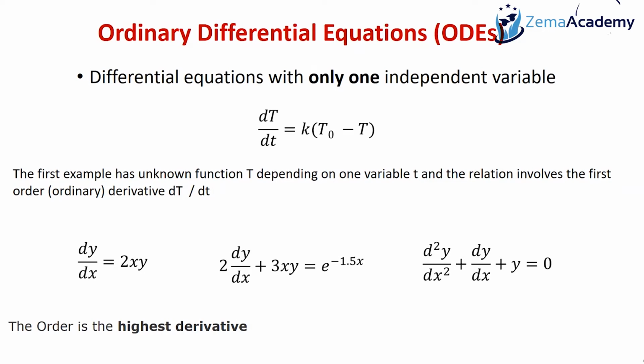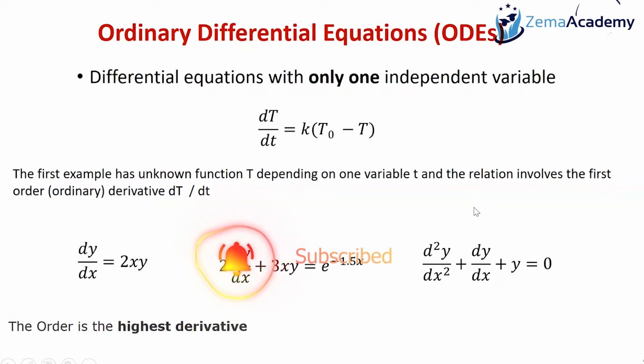If you look at all these three, the first two have dy by dx, so they are first order differential equations because the highest order of the derivative is 1. Whereas the last example that I showed you has d square y by dx square. This d square makes this equation a second order differential equation.